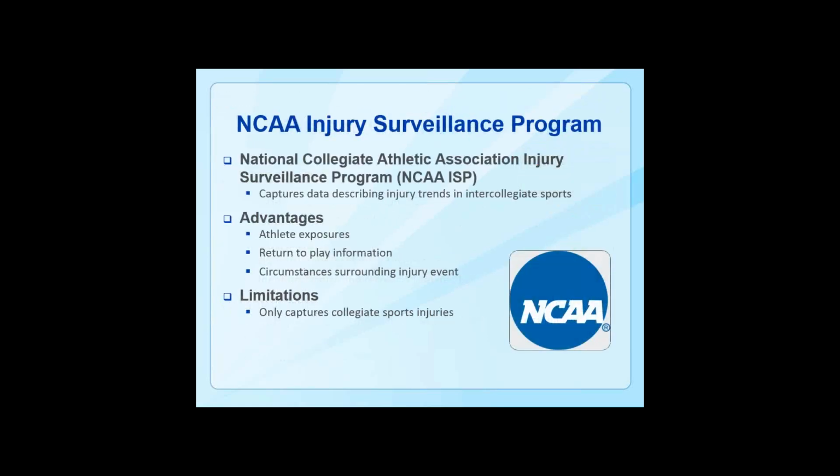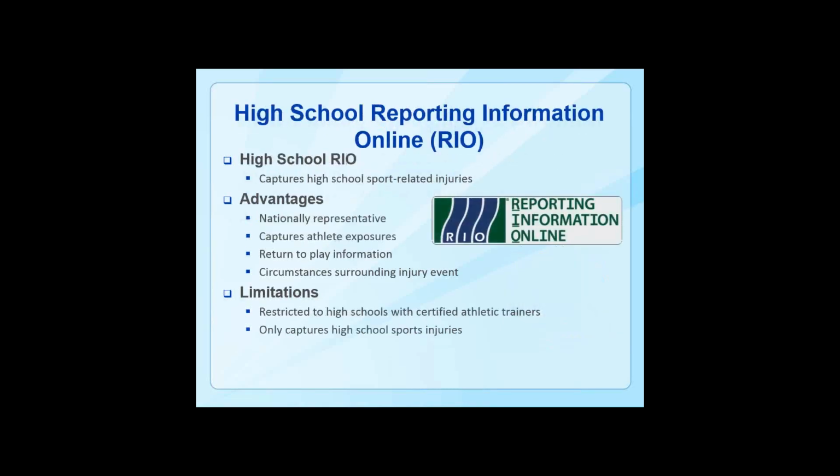The next two slides discuss data collected through athletic organizations. These data sources allow for rich data about specific mechanisms of injury related to organized sports. But in the case of the NCAA Injury Surveillance Program, the data are limited to participants in collegiate sports. Similarly, high school reporting information online is limited to participants in high school sports who attend schools that have certified athletic trainers.